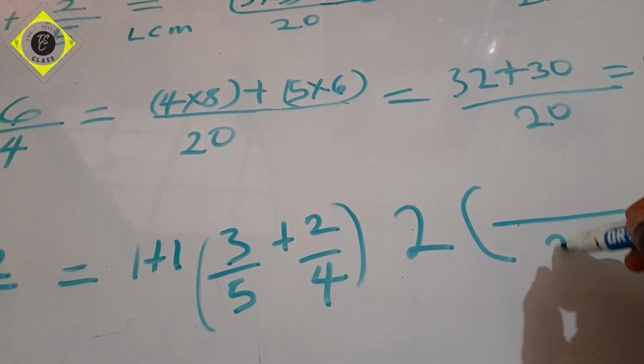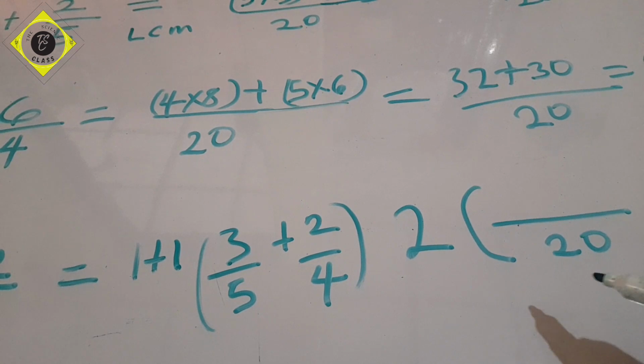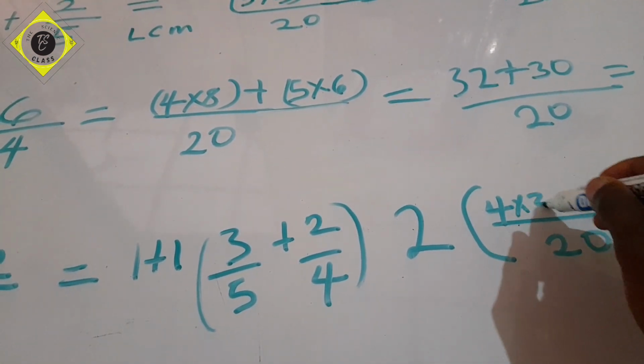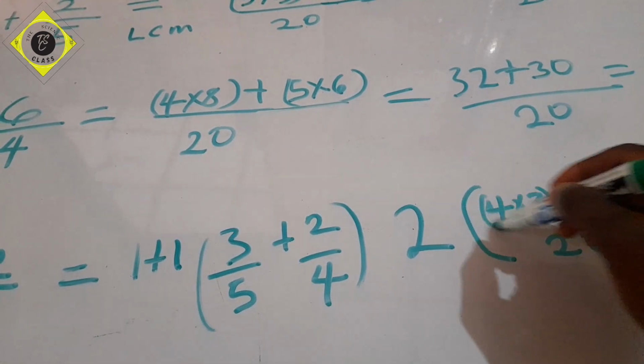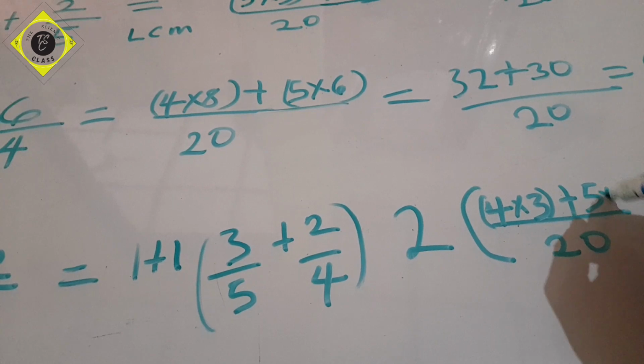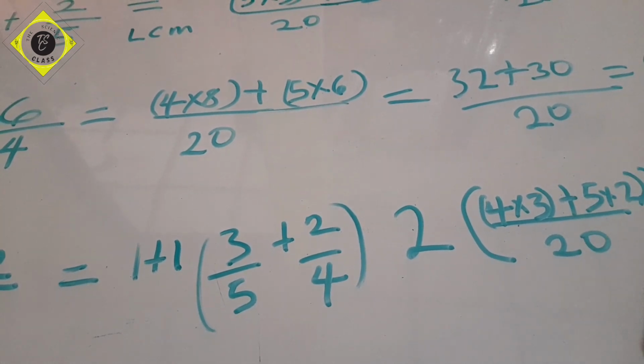LCM of 4 and 5 gives us 20. 5 in 20 is 4. 4 times 3, plus 4 in 20 is 5, 5 times 2.